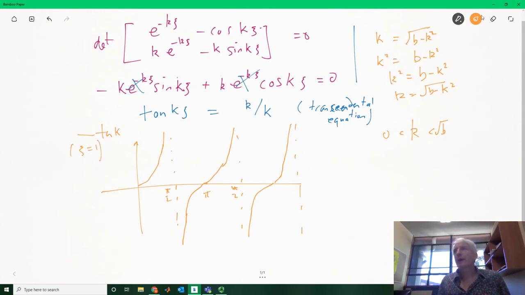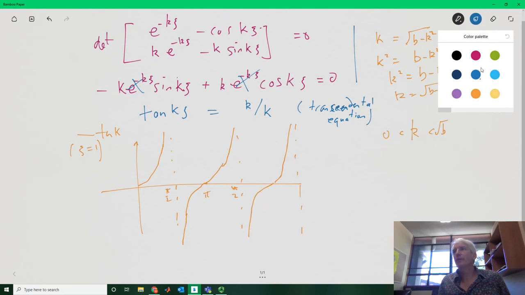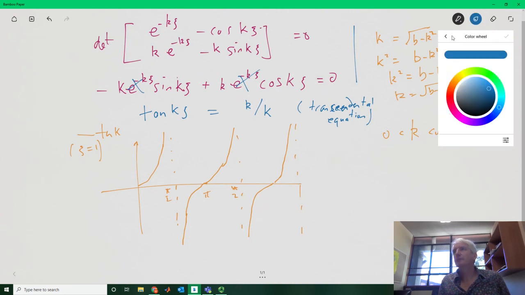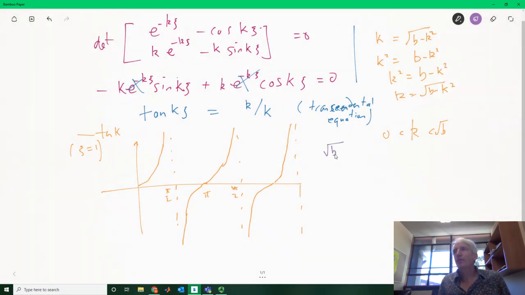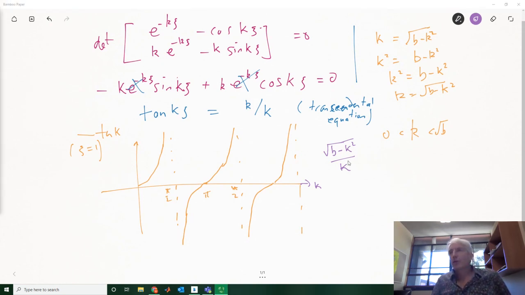Then we've got to draw a picture of the other curve, which is k, the square root of b minus kappa squared over kappa, on this axis is kappa.